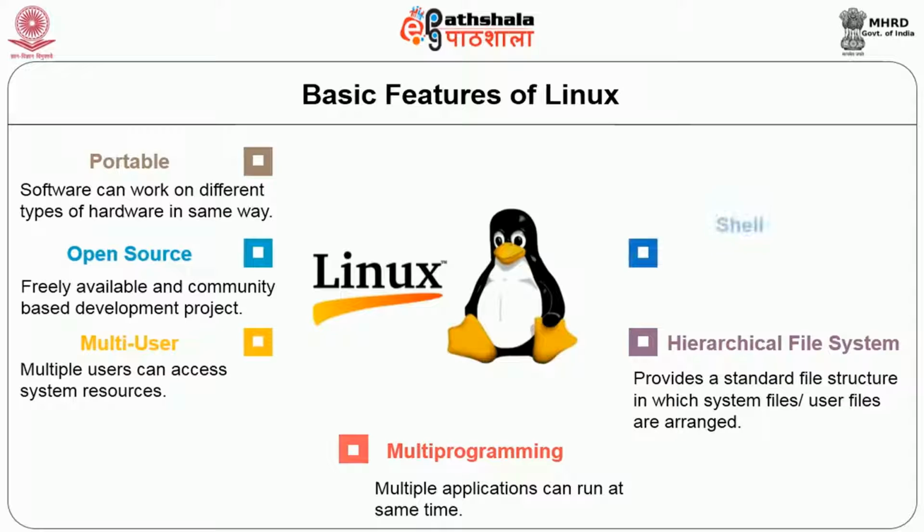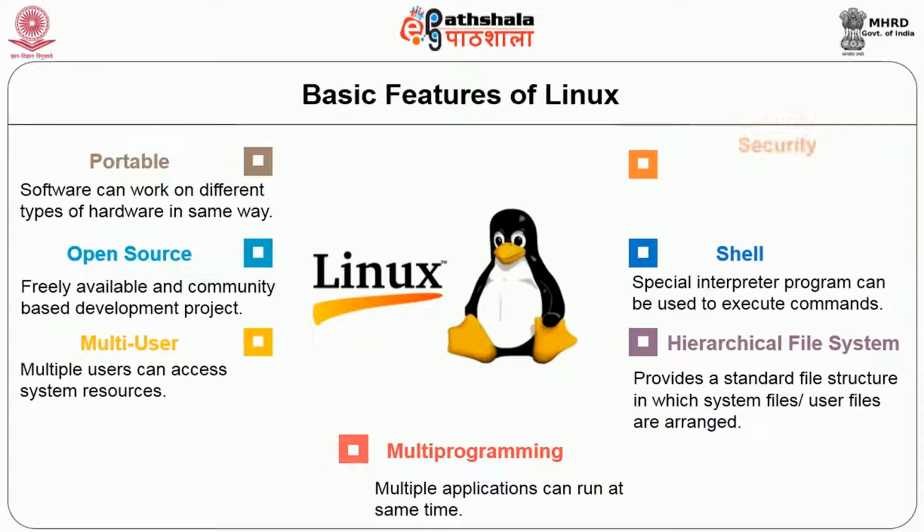Shell. Linux provides a special interpreter program which can be used to execute commands of the operating system. It can be used to do various types of operations, call application programs, etc. Security. Linux provides user security using authentication features like password protection, controlled access files, encryption of data.